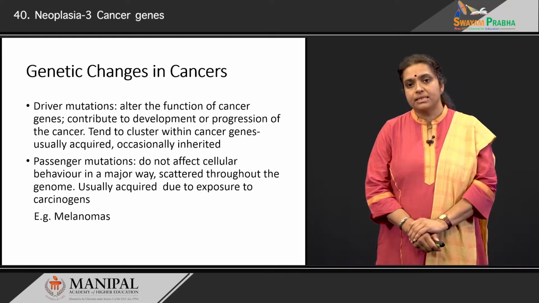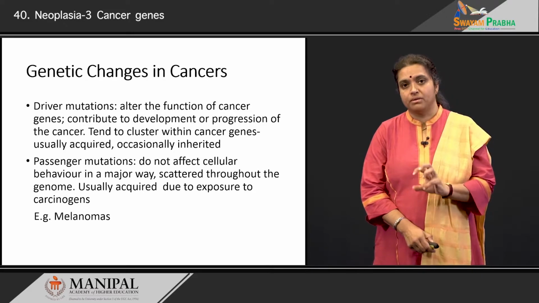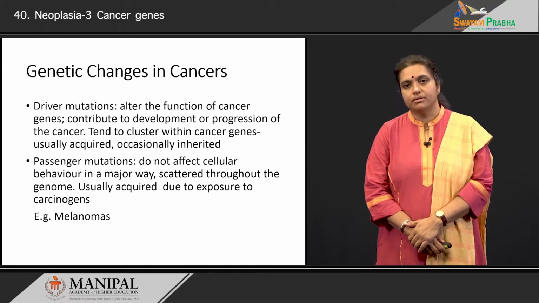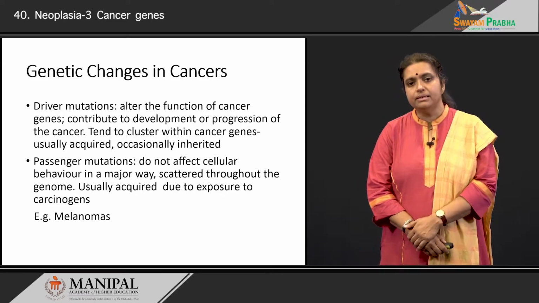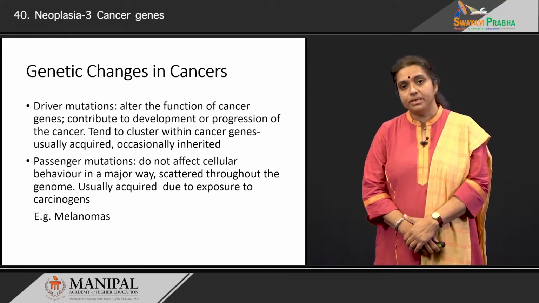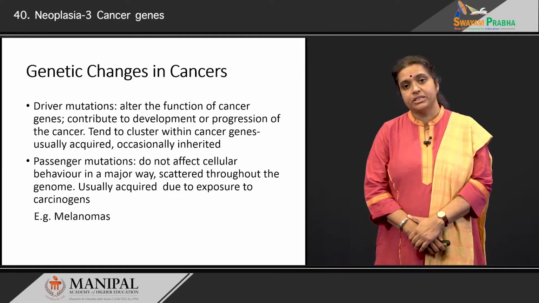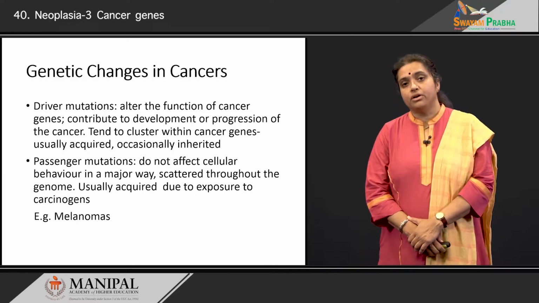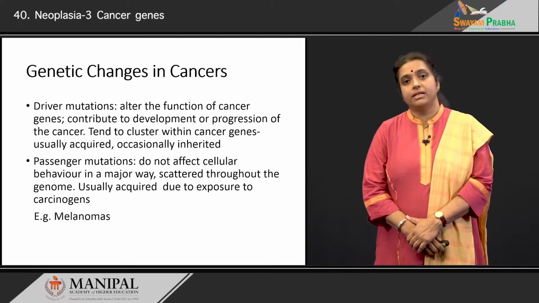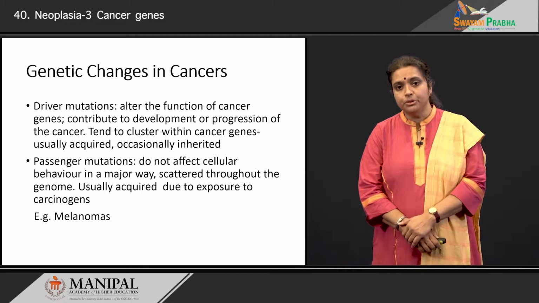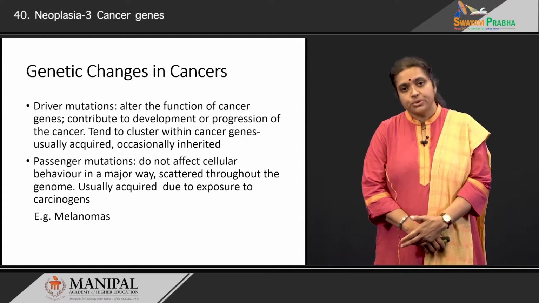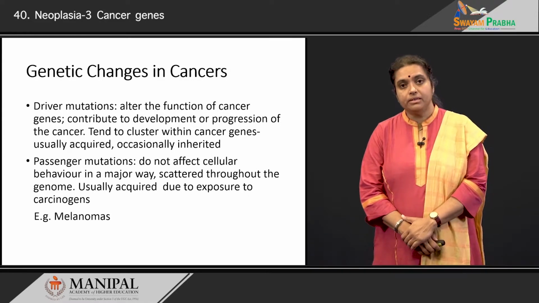These tend to cluster within cancer gene clusters, and usually they are acquired during the lifespan of an individual, but sometimes they can even be inherited. So, occasionally they are also inherited, and then they contribute to the inherited cancer syndrome. So, these are the driver mutations. They tend to cluster around a certain group, known as the cancer cluster genes, and they are usually acquired, but they can occasionally be inherited.